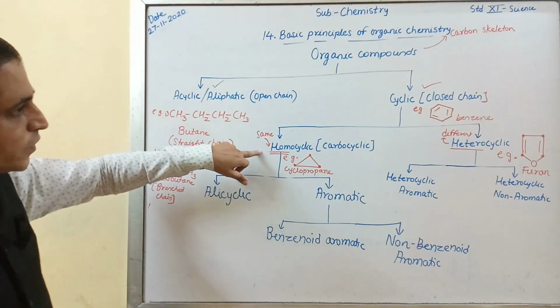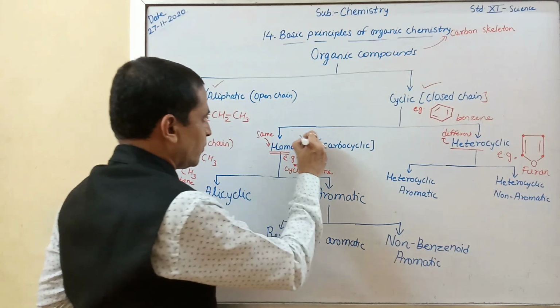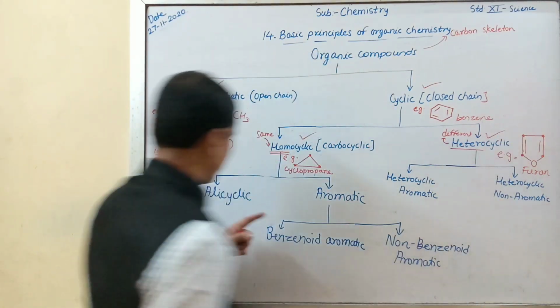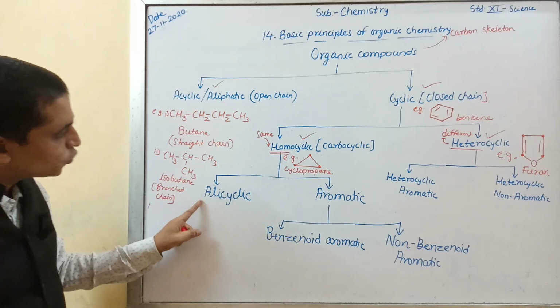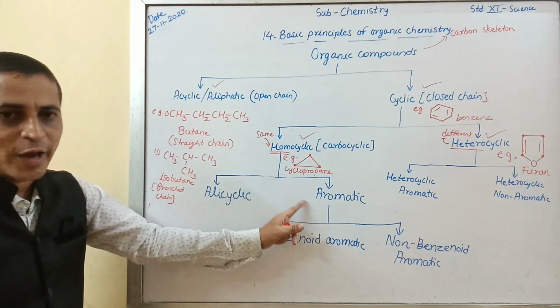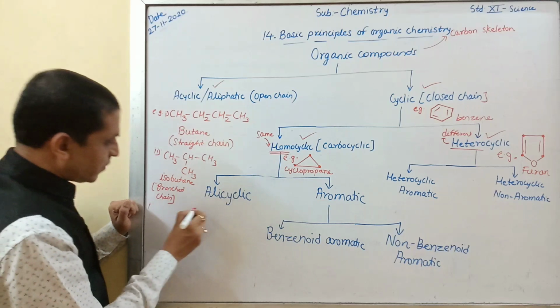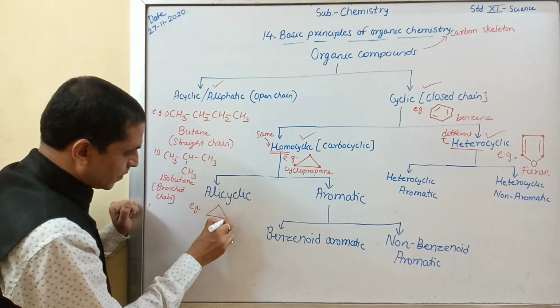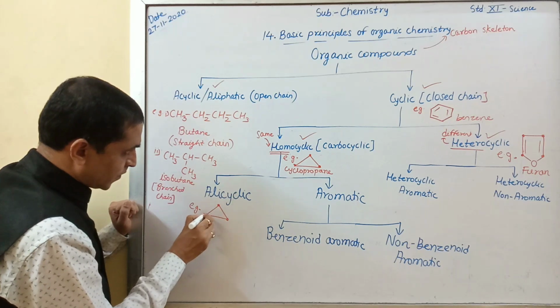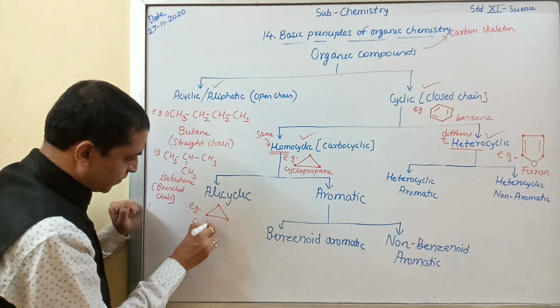Now come to this again, homocyclic and heterocyclic. Come to homocyclic. Homocyclic compounds are again of 2 types, alicyclic and aromatic. This is an example of alicyclic, cyclopropane.